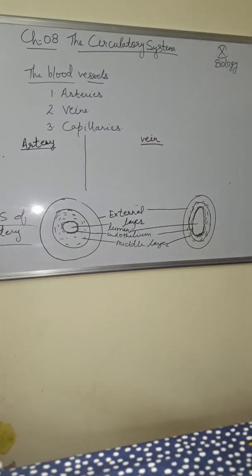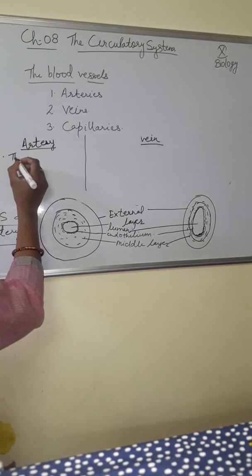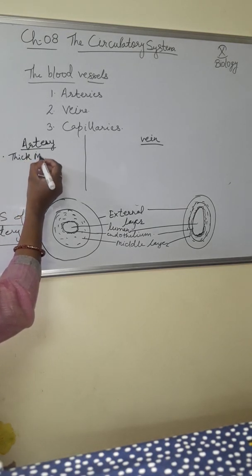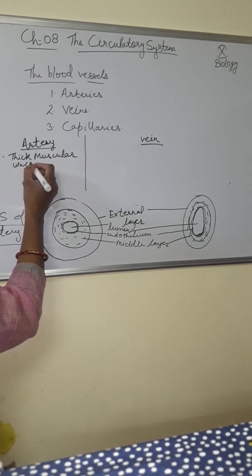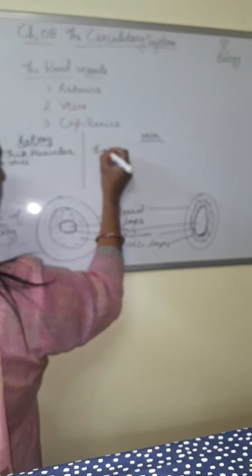Artery, first point, thick muscular wall, here thin muscular wall.